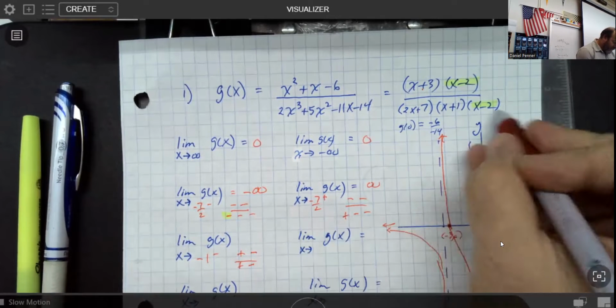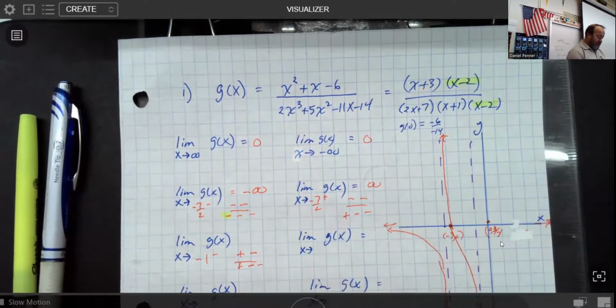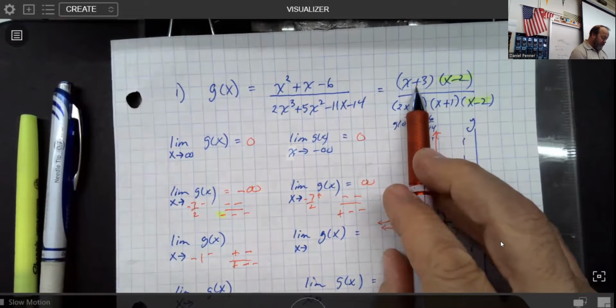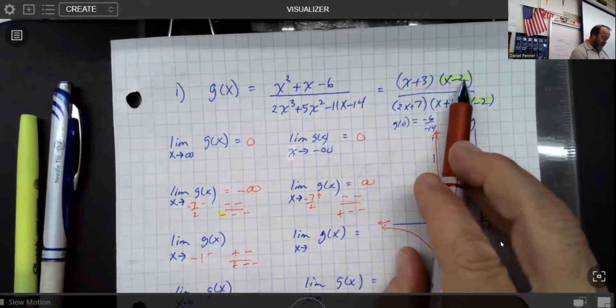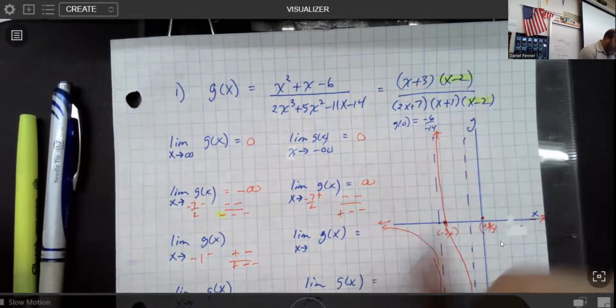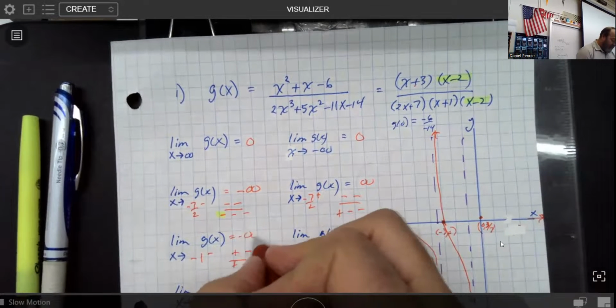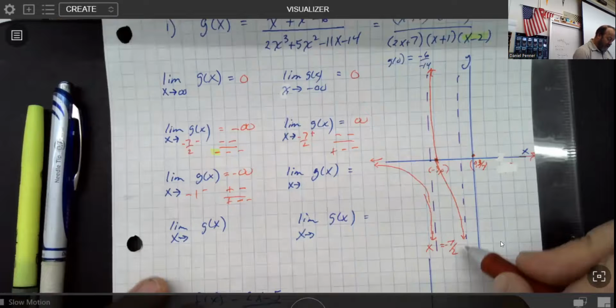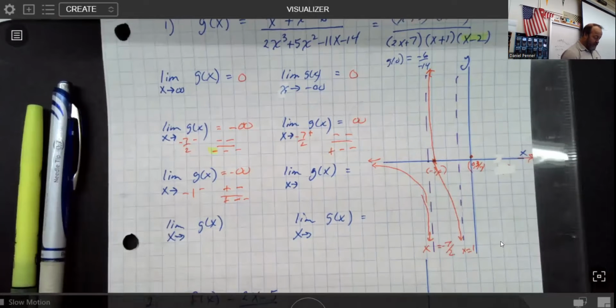And negative 1.1 minus 2 is a negative. So again, I'm just looking at each one of those pieces and imagining what happens if I'm just a little bit below the number negative 1. And I got a positive, a negative, a positive, and 2 negatives, which is a total of 3 negatives. So on the left side of negative 1, right here, it is going down as I predicted.